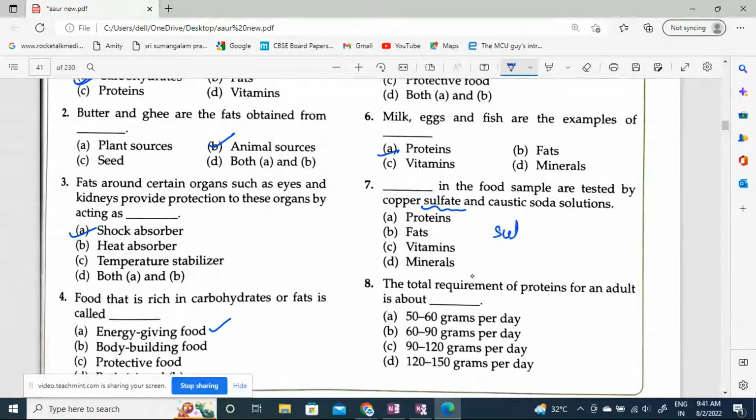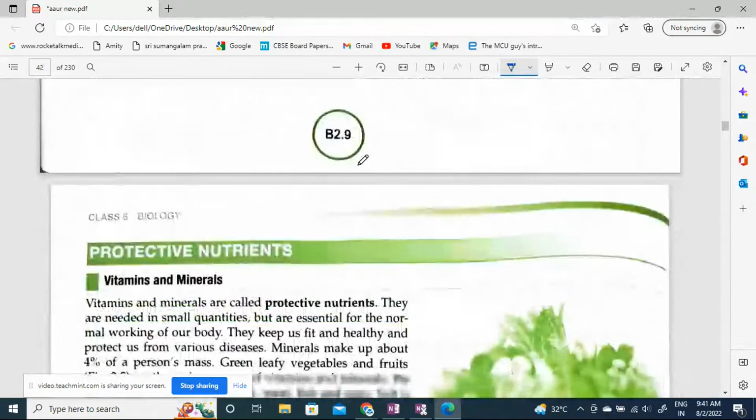Total requirement of proteins for an adult. Is it around 30 grams? No, fat is 30 grams. I think we have seen that, and you told me earlier, I think 50 to 60 grams. Just check it after some time.